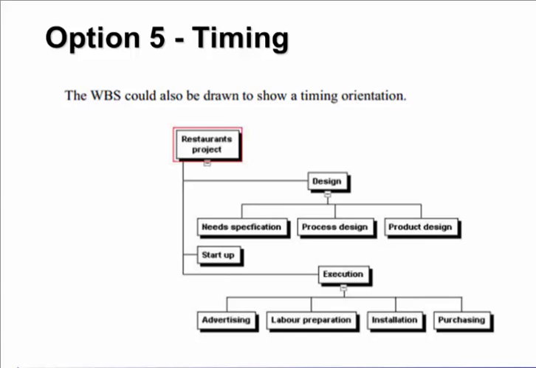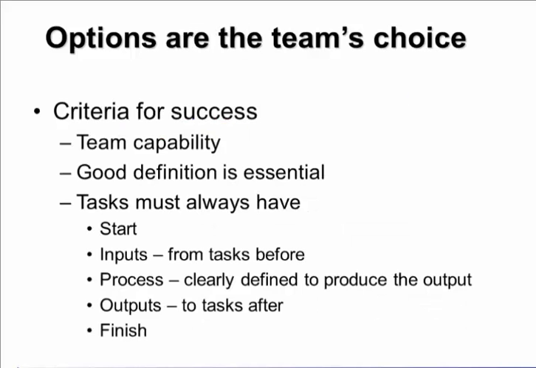It depends upon what is the success criteria. Is the outcome more important to create a good restaurant or to create a restaurant opening on time? So that's the important aspect, okay, and how you would organize the work breakdowns.